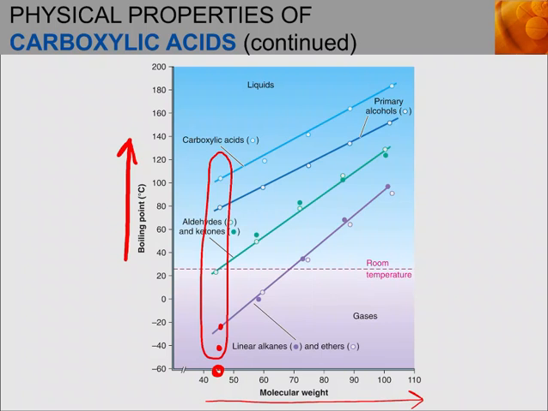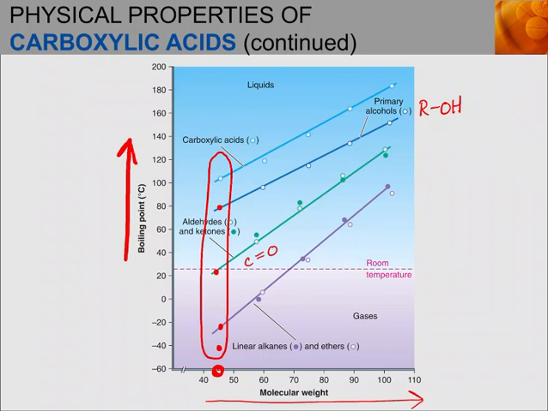Then if we go up, we can see aldehydes and ketones have a greater boiling point. That's due to the fact that aldehydes and ketones have that polar carbonyl group, the C double bonded to O, so they have dipole-dipole interactions. Then if we go up even further, we have alcohols. And remember, alcohols have that OH group that can hydrogen bond.